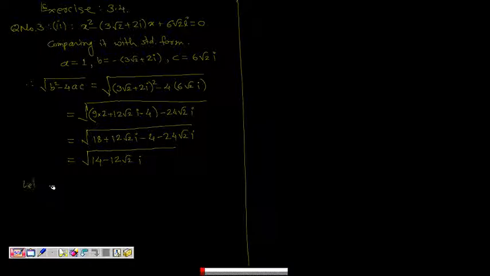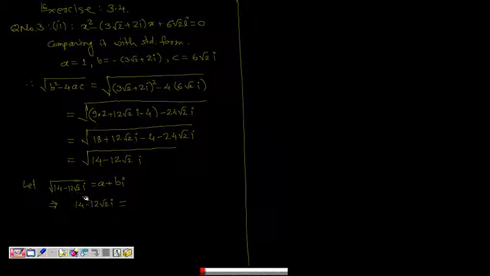Okay, let the root of 14 minus 12 root 2 i be a plus bi. अब हमारा काम क्या है कि a और b का आंसर हम ढूंढें. इसके लिए सबसे पहले हम इसको करेंगे स्क्वायर और उसके बाद में इसको कंपेयर करेंगे. So we know that in such case we get 14 minus 12 root 2 i.